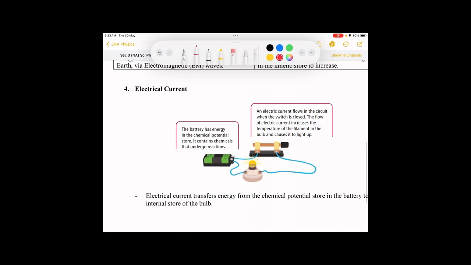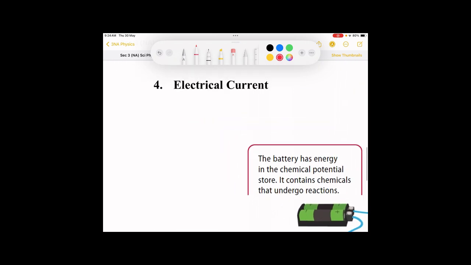Something that's particularly interesting, peculiar to me as well, is that now electricity is no longer considered a form of store. We do not consider electrical energy, but rather electricity is just a way of transporting energy. So now let's just take a note by the side.